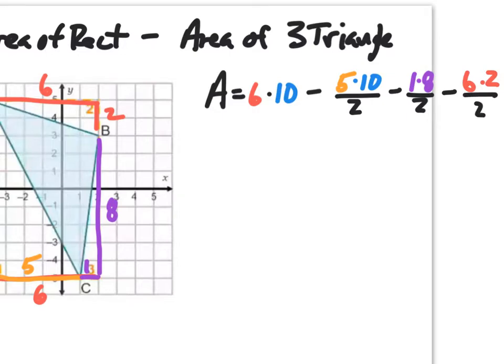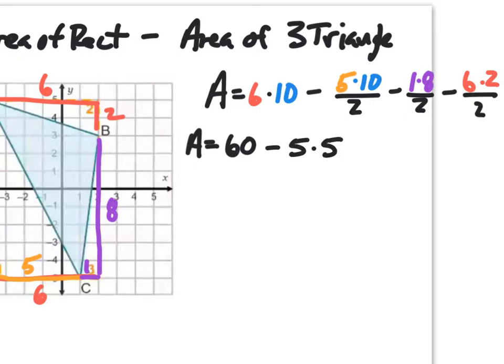Now let's clean this up a little bit and see what we can do. A lot of it, the hard part, is just setting it up. So area is equal to 6 times 10, that's going to give me 60. And then let's do some division here. Let's take the 10 divided by 2, so we subtract off 5 times 10 divided by 2, which is 5.